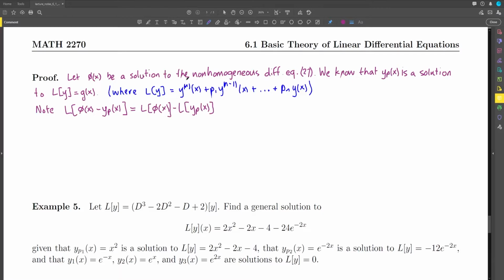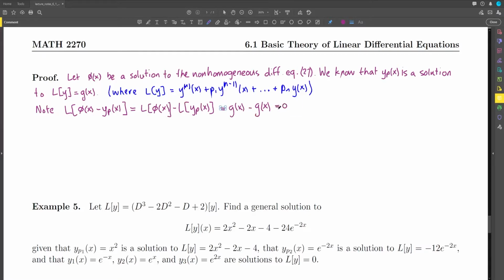Now, since both are solutions to the non-homogeneous differential equation, we know that the linear differential operator acting on each function produces g of x.